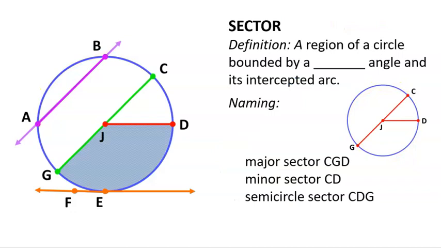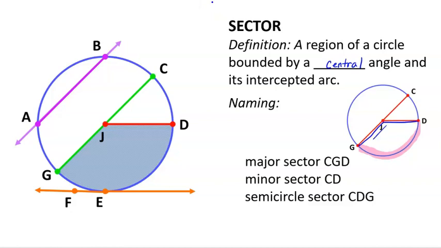A sector is a region of a circle bounded by a central angle and its intercepted arc. So basically, when we're talking about sectors, this would be the arc that they're talking about, and then this is your central angle.